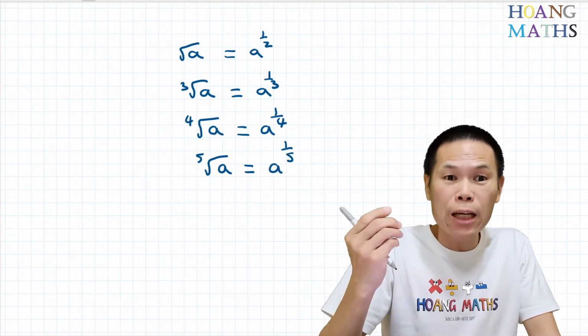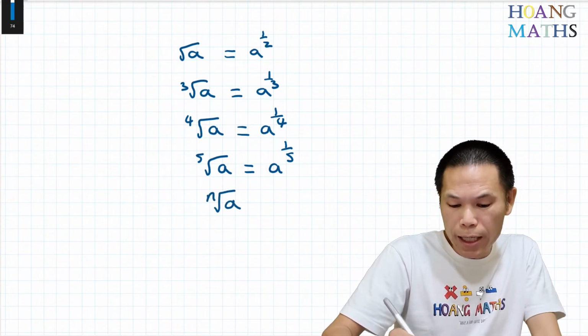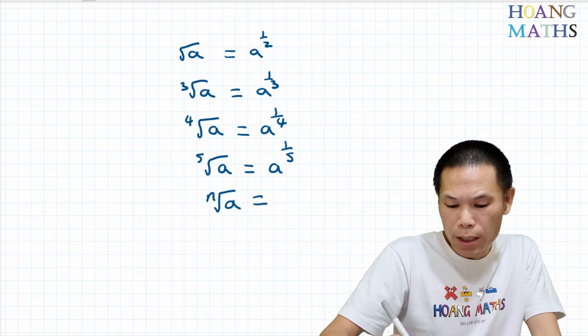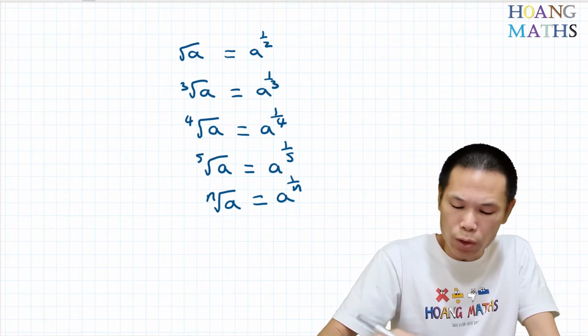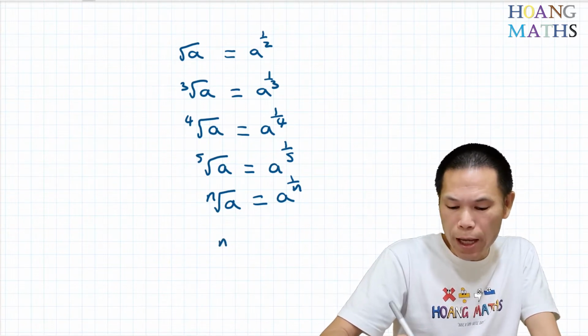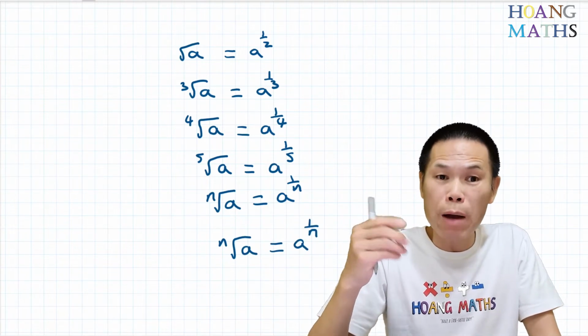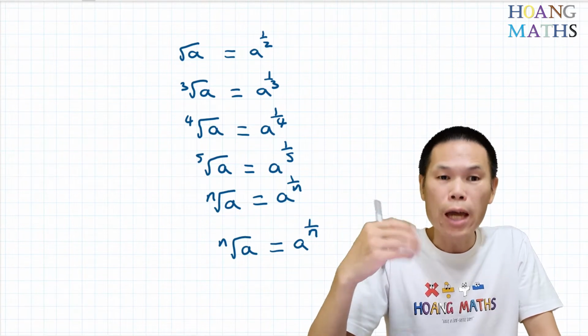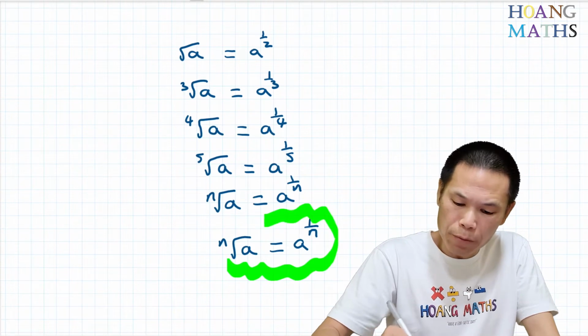So from these arguments, if we have the nth root of x, this will give me x to the power of 1/n. Please keep that in mind. This is one of the general rules, if you like. So the nth root of x is x to the power of 1 over n, or x to the power of 1 over n is equal to the nth root of x. Okay, so please keep this in mind for me.